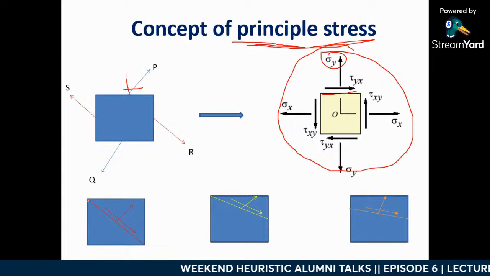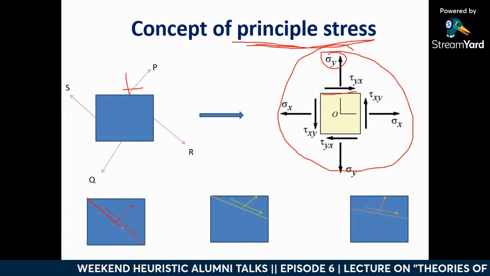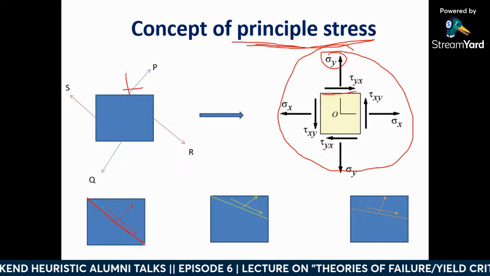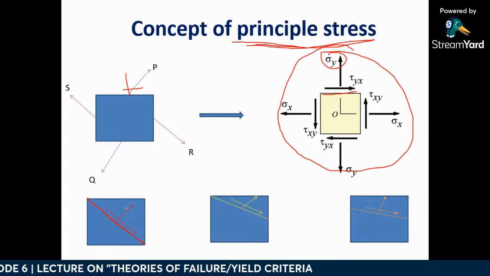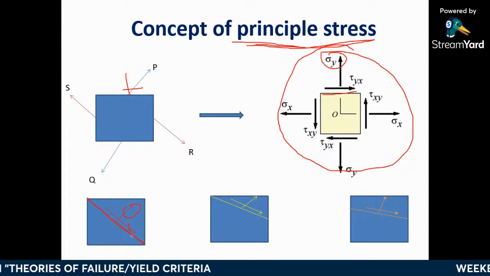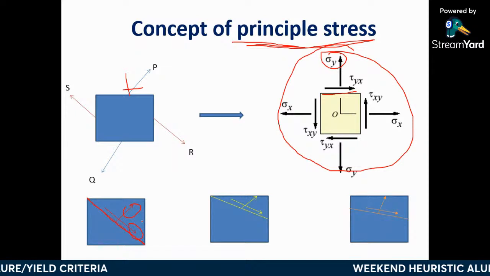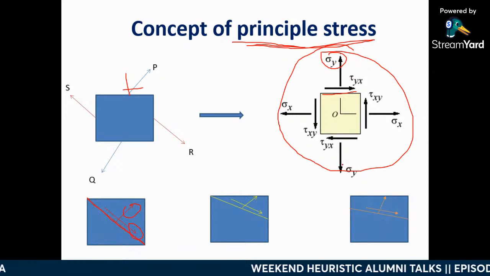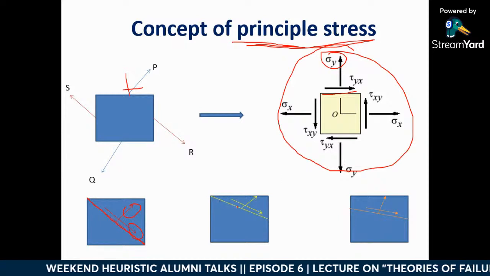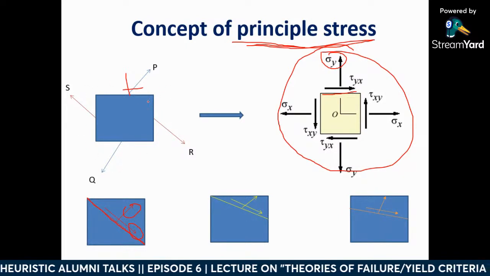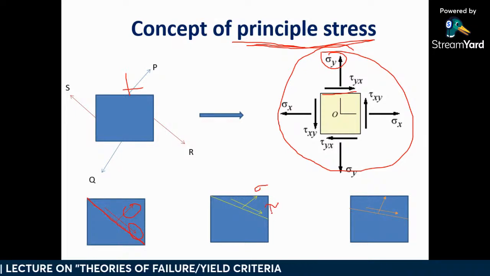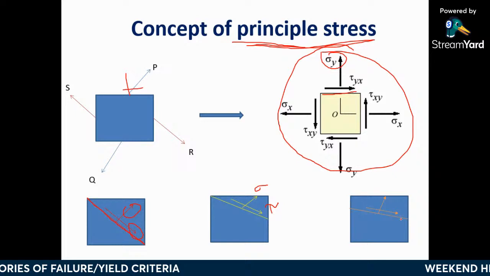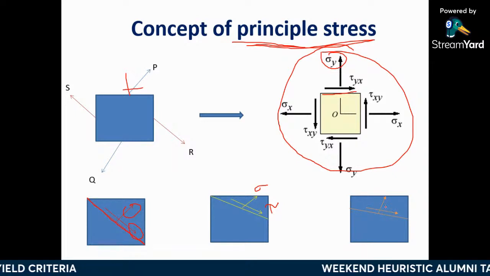What about this plane? For example, if I take some inclined plane within this object, obviously because of PQRS, on this plane also you will get some normal stress and some shear stress. Will it be equal to this sigma y? If you consider another plane, because of applied PQRS, here also I'll get some normal stress and some shear.